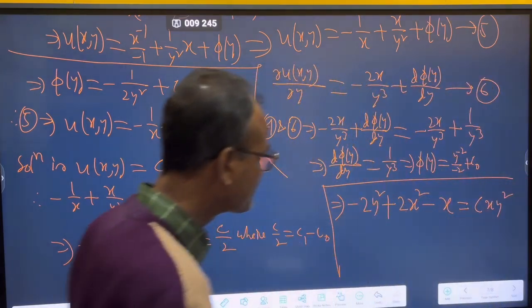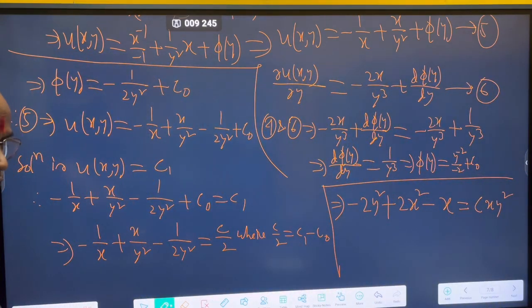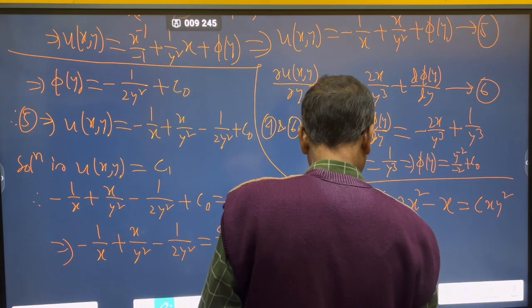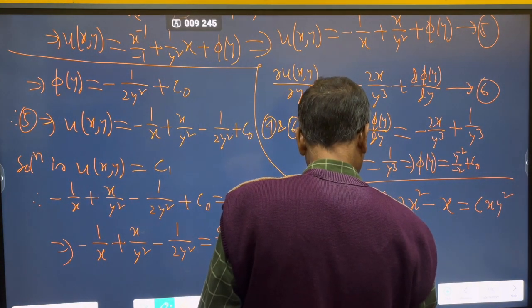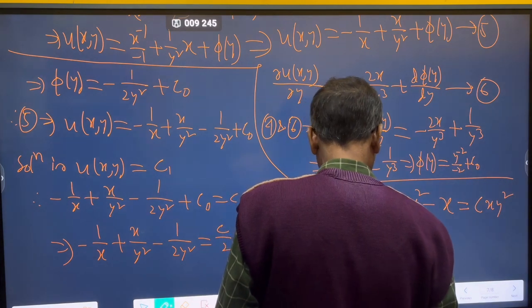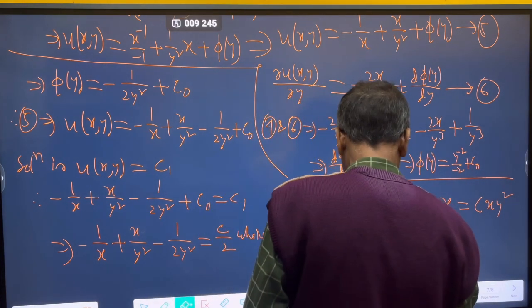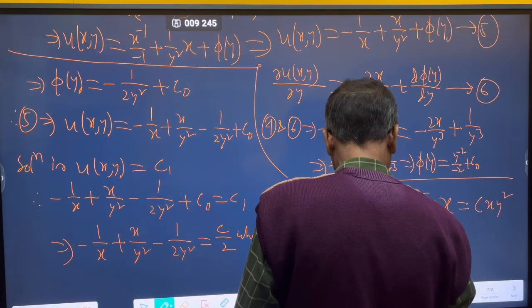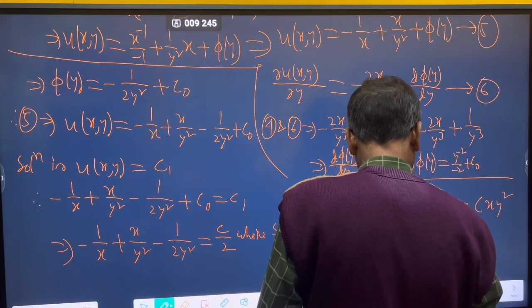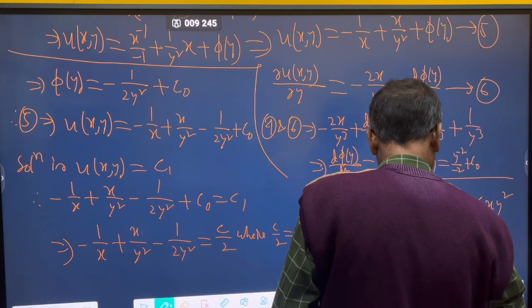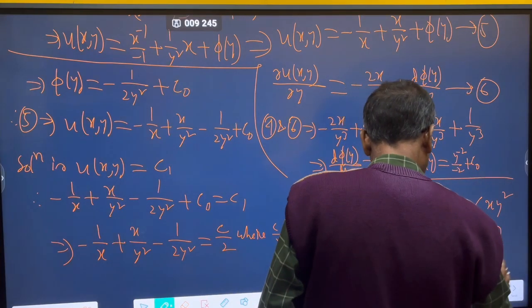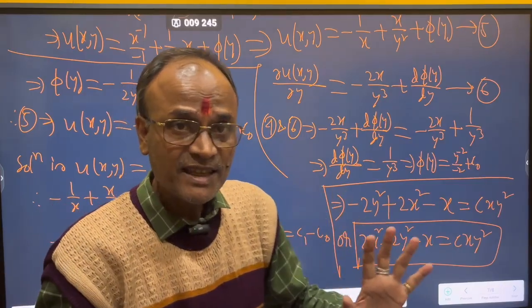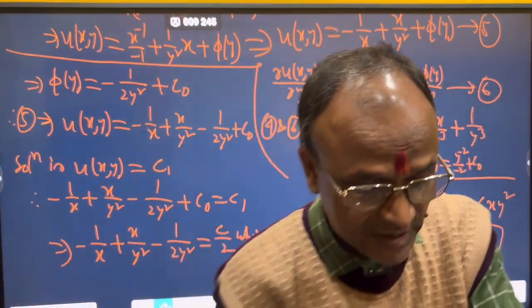Am I right? 2x² minus 2y². Or you may write 2x² − 2y² − x equals c x y². 2x² minus 2y² minus x equals c x y².